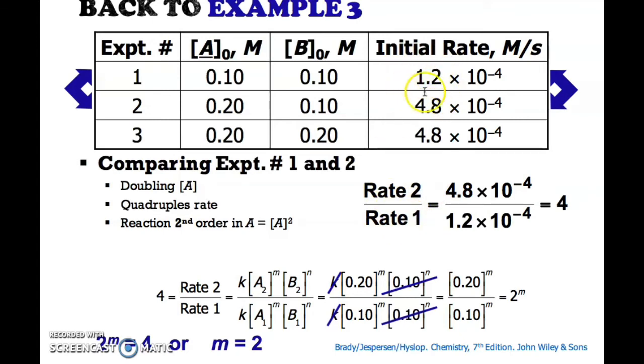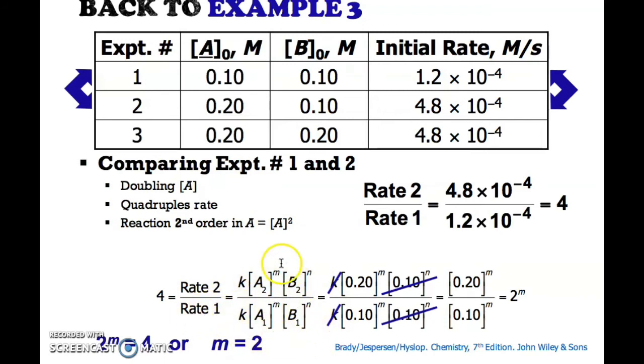So here, rate 2 divided by rate 1, and you get 4 here. Look at experiment 2: this is rate 2, and for experiment 1, this is rate 1.